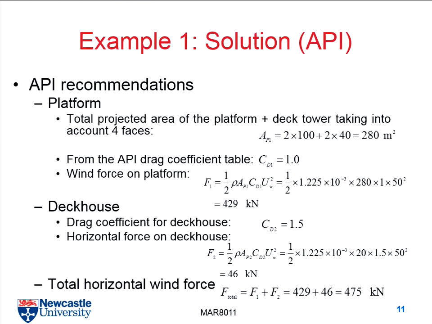So after this lecture, you can go through the calculation, and you can find that the force estimated by API is about 500 kilonewtons. Okay, so we make a note here. For exactly the same thing, from API, the estimation is 475 kN.